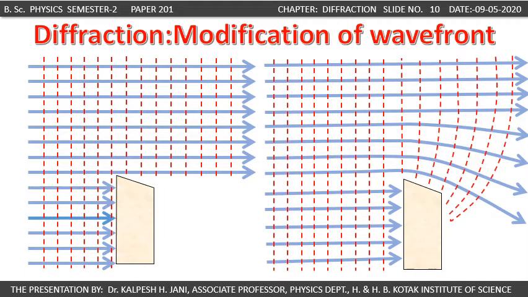So, suppose some bunch of wave is obstructed by the object, then the other bunch of wave which is not obstructed by the object will go on independently further. This is not the case. Actually, in reality, we observe that they are modified, even if they have not directly interacted with the obstacle, but even then they are modified.